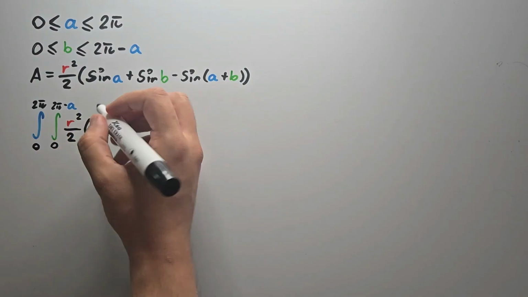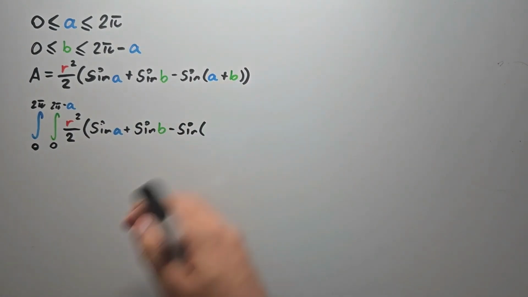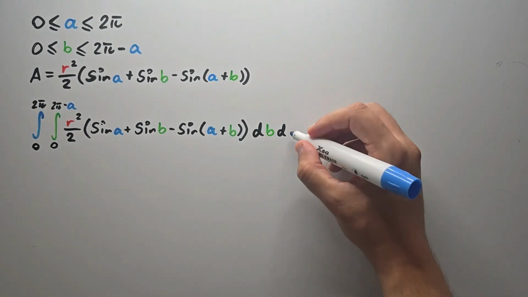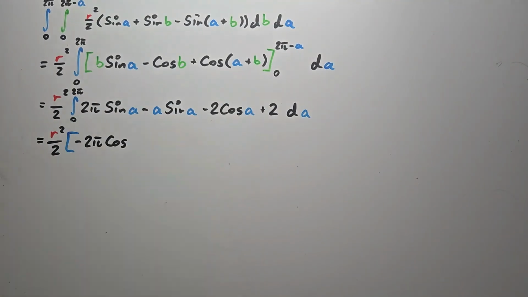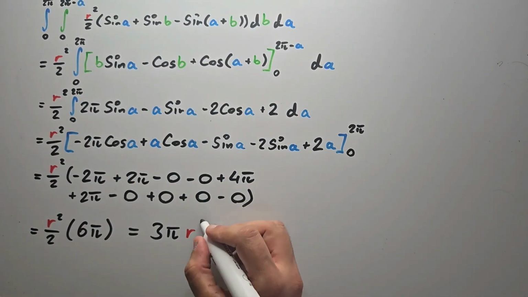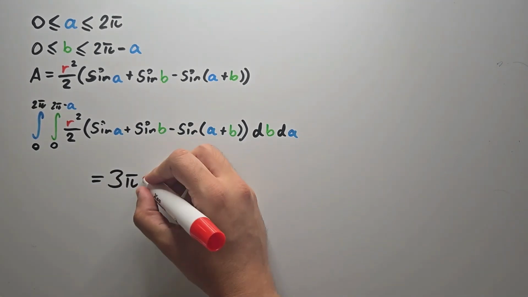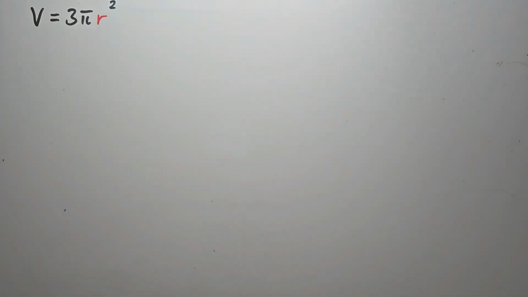An important note here is that the integration with respect to b goes on the inside, i.e. it happens first, because the boundary of b is dependent on a. And again, we'll fast forward through the calculations here, but in the end we get that this integral is equal to 3 pi times r squared, and thus the volume of the shape bounded by our 3D graph is 3 pi r squared.